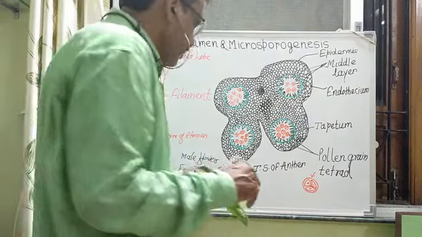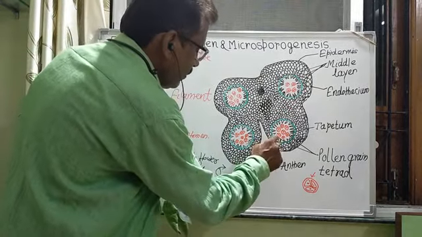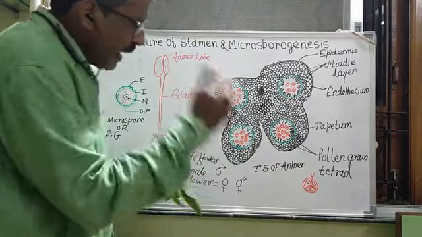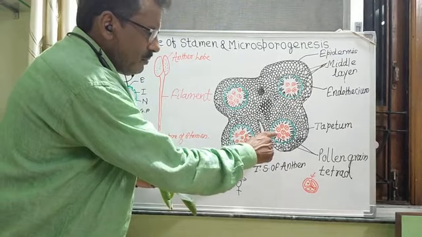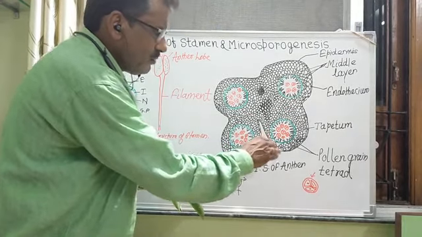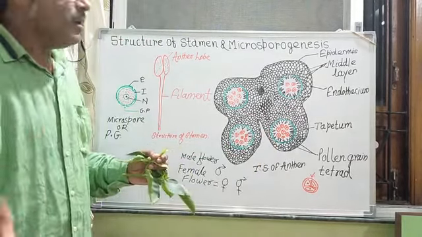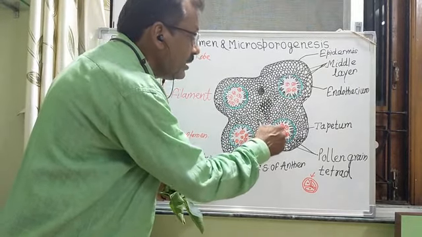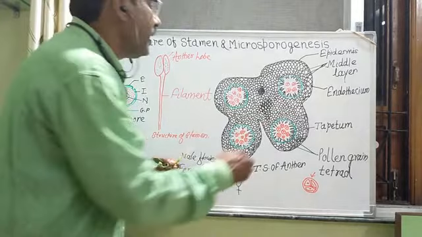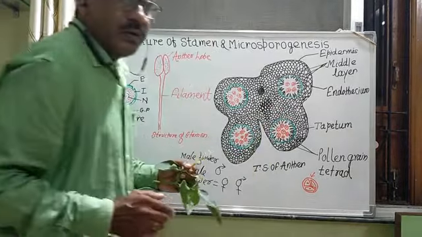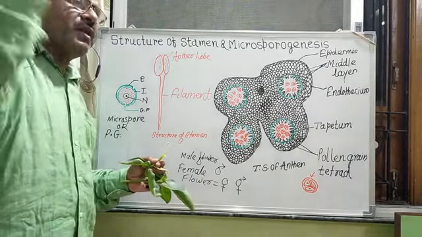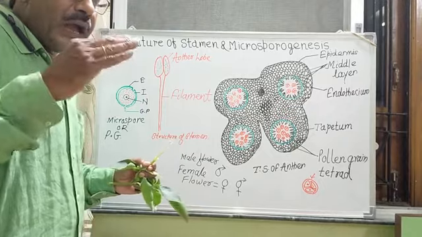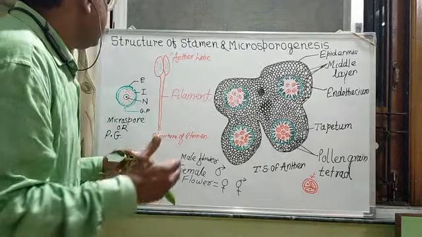Here the sporogenous tissue, the microspore mother cells, divide by meiosis to give pollen tetrads. Once formed, pollen tetrads may, by further divisions, form pollen tubes and male gametophytes.